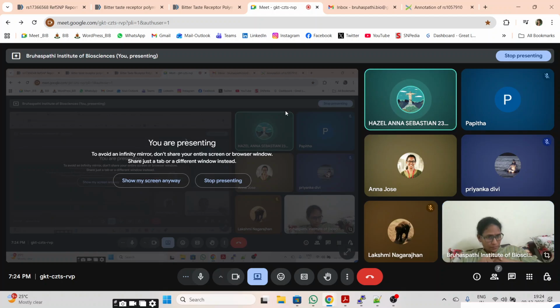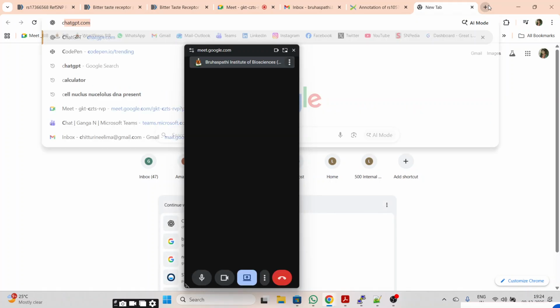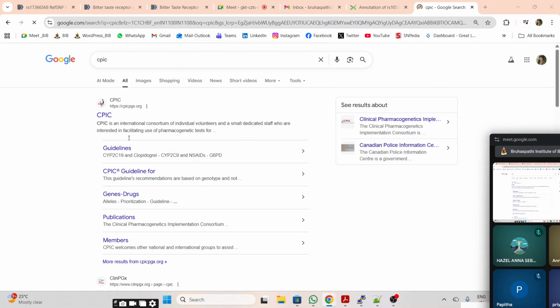Ma'am, then star 2 and star 3, both of them are poor metabolizers. We have different ones. For example, how do you know which one is it? There is a resource called CPIC, CPIC guidelines.